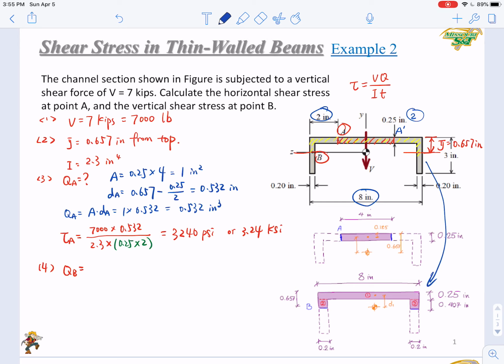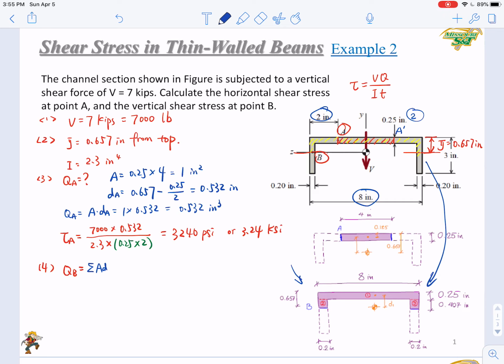We'll just look at this sketch to do this calculation. Obviously this shape can be divided into 3 sub areas: area 1, area 2, and area 3. We'll calculate the QB by summing these 3 ADs. Area 2 and area 3 are the same, so you only need to calculate 1 and multiply it by 2.